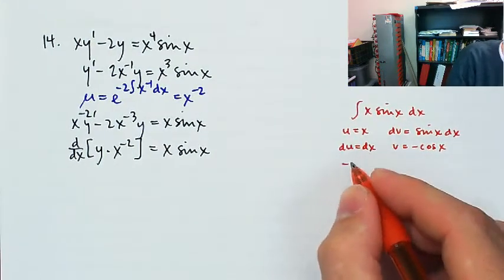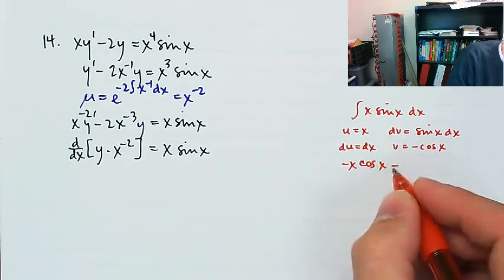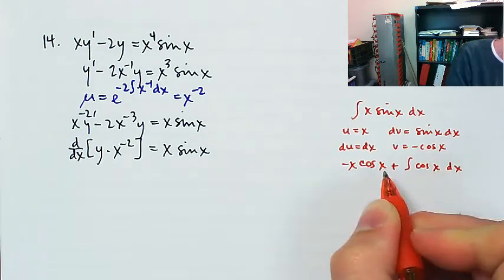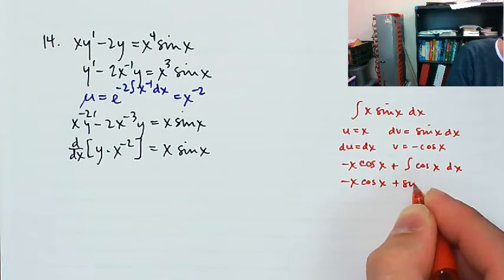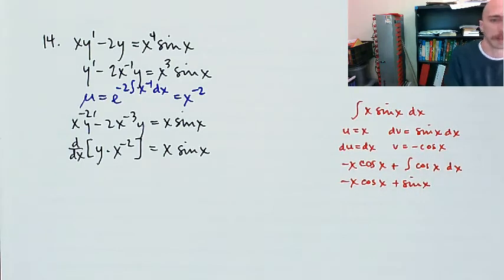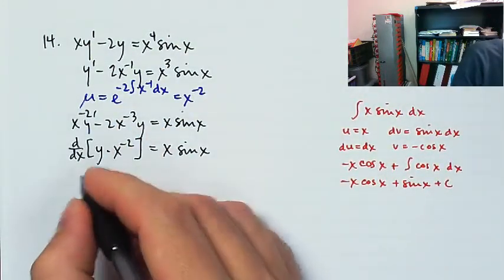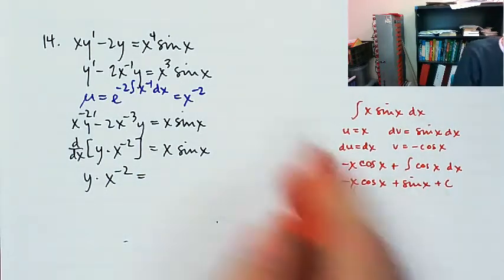Okay, so it's going to be uv minus the integral of v du. Okay, and so that'll be negative x cosine x plus sine x, plus c. So when I take the antiderivative of both sides here, I'll have y times x to the negative 2 equaling this antiderivative.